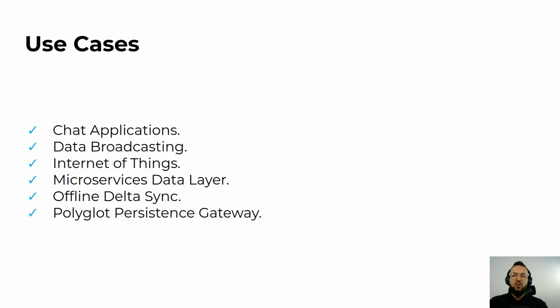An additional use case is to have this service as a microservice gateway for your data layer. You can also have offline data sync, and speaking about a microservice data layer, a very good example would be to have GraphQL as a polyglot persistence gateway.